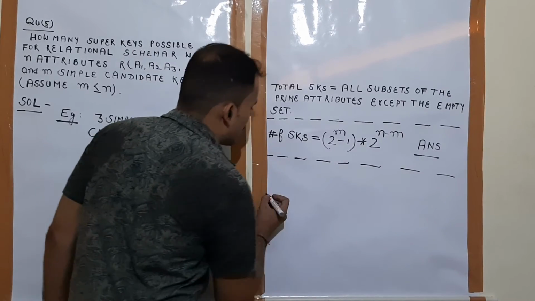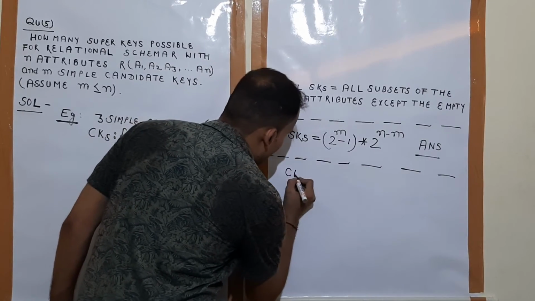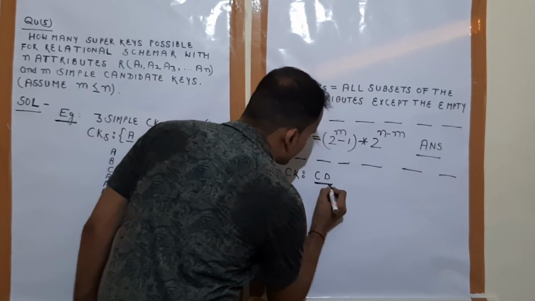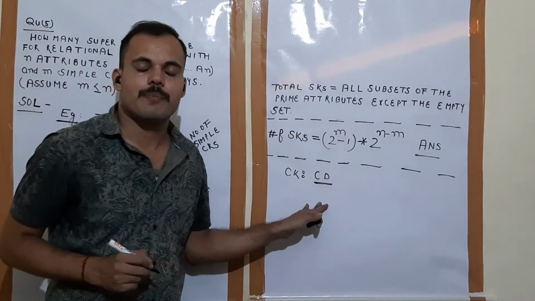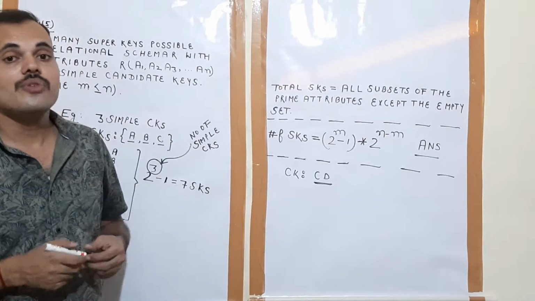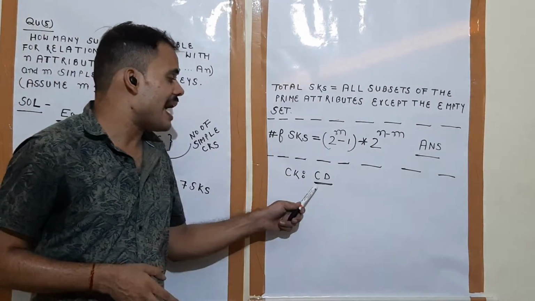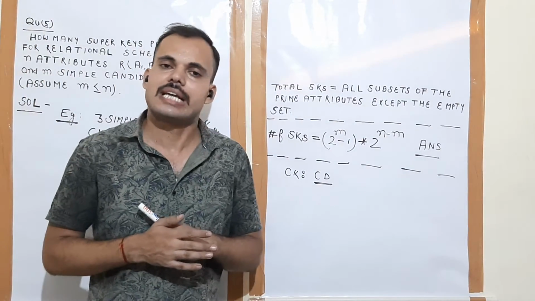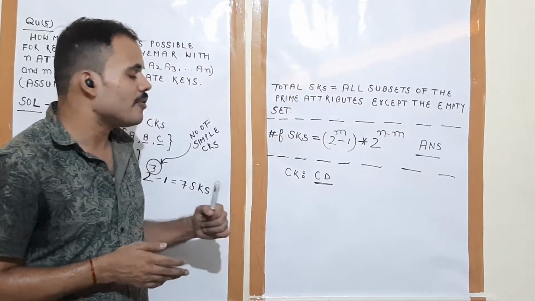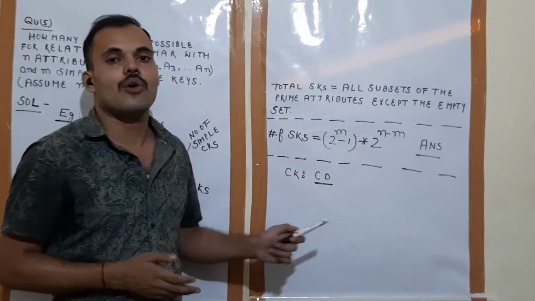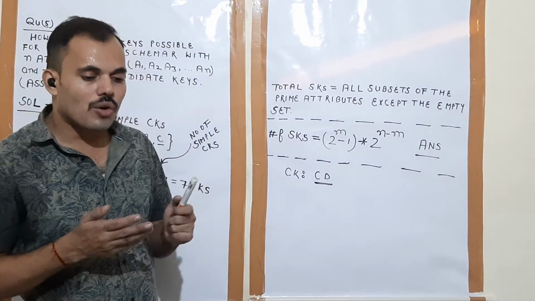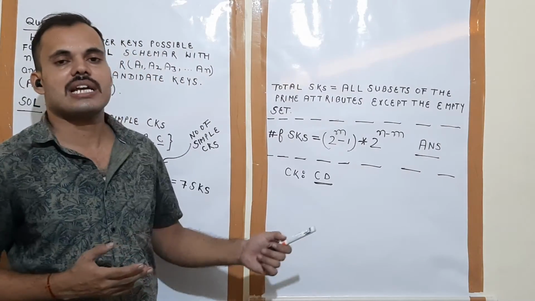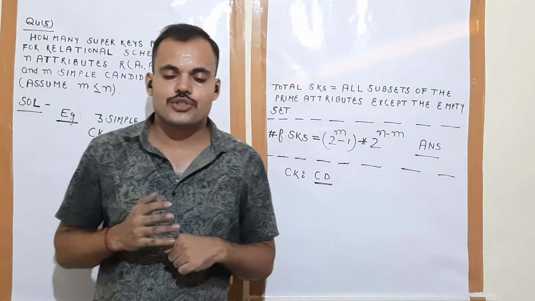For example, if a candidate key is CD, which is not a simple candidate key, then we can't say that C alone is a super key, because a proper subset of a candidate key can never be a super key, and we can't say D alone is a super key, because a proper subset of a candidate key can never be a super key.